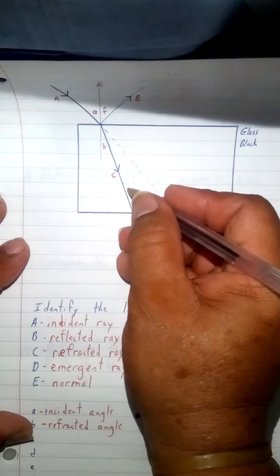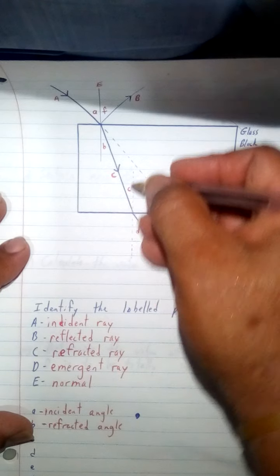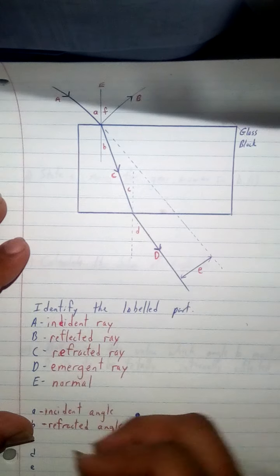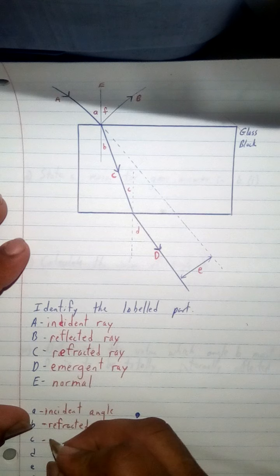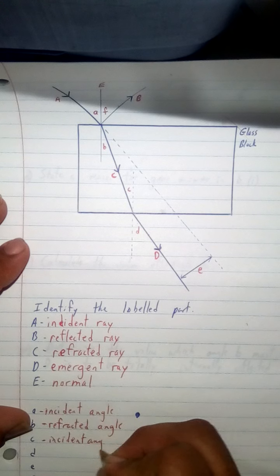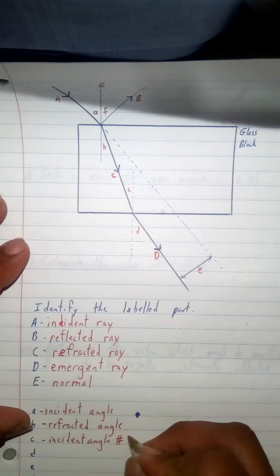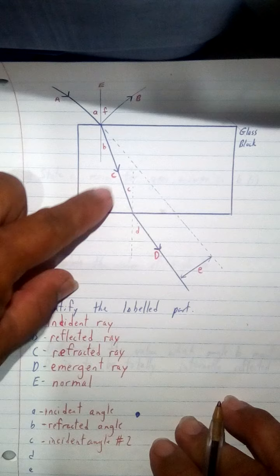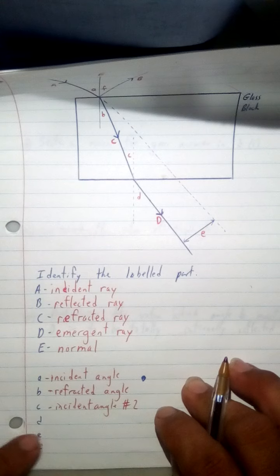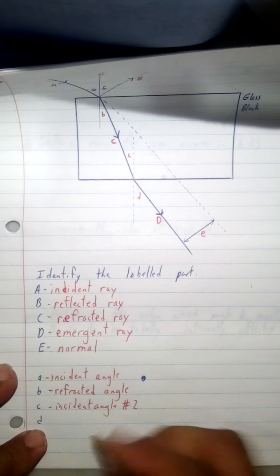C, this here would be the incident angle with respect to this point of incidence. So let's call this incident angle number 2 for right now, so we can differentiate it from this one here. Now D is the emergent angle.